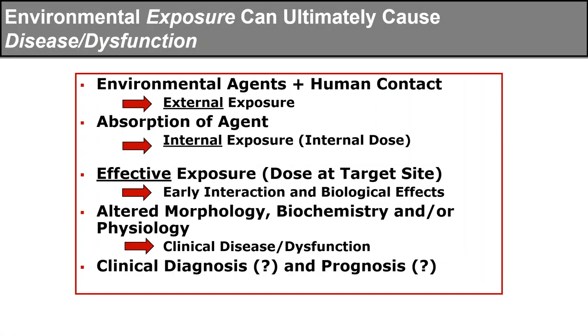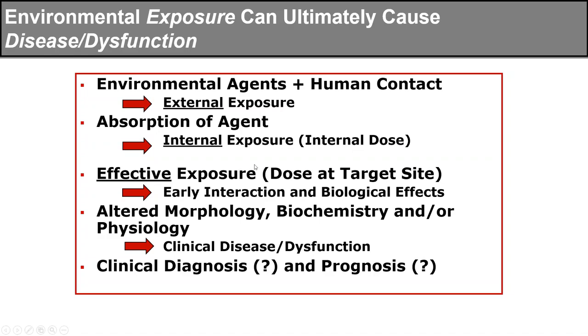And so looking at this from the perspective of dissecting exposure into three categories, this is simply another way in which I present the concept of exposure. So there's environmental agents, there has to be some form of contact with the human, and that would be called external exposure. And then there needs to be some level of absorption, either at the local level or more systemic level, resulting in internal exposure.